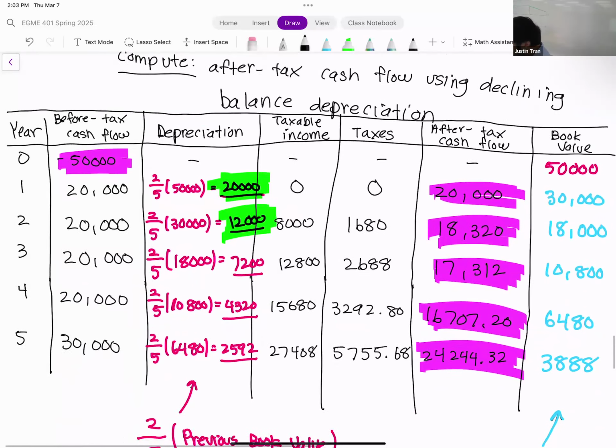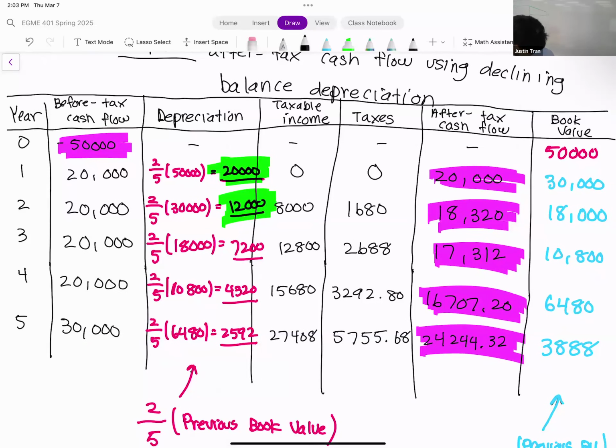Okay. Right. The reason it's better to depreciate more of your asset's value up front goes back to our general understanding of the time value of money, which is that cash is always more valuable earlier on. The sooner you can get the cash, the sooner you can do things with it, right?